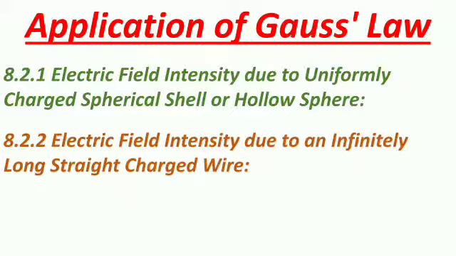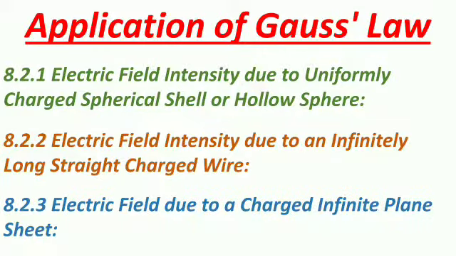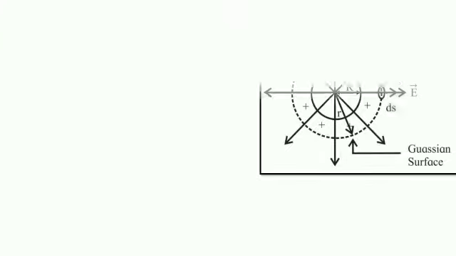Second, electric field intensity due to an infinitely long straight charged wire. And third, electric field due to a charged infinite plane sheet. In this video lecture, we will discuss only the first application of Gauss's law, that is electric field intensity due to a uniformly charged spherical shell or hollow sphere.